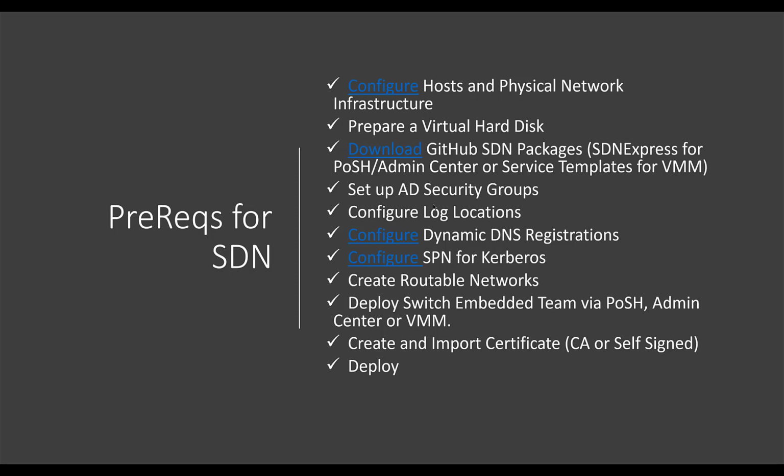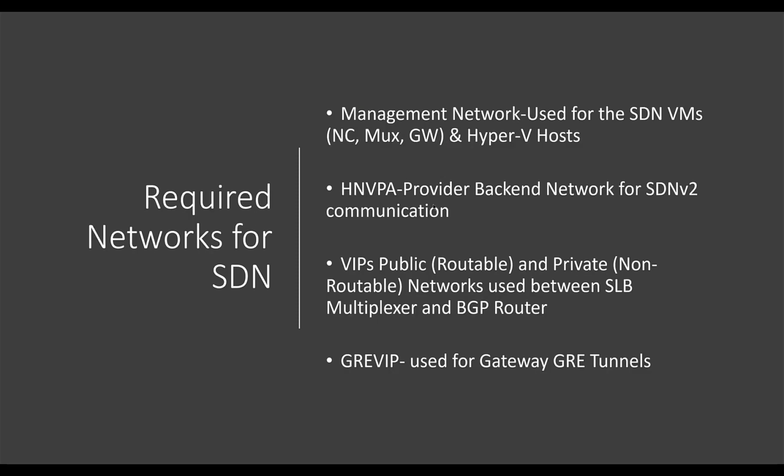You'll need a certificate, either self-signed or root CA, doesn't matter. And then we're ready to deploy this out onto our Hyper-V host so that we can have network controller VMs that are highly available and interactive between VMM or Windows Admin Center to our SDN switches.